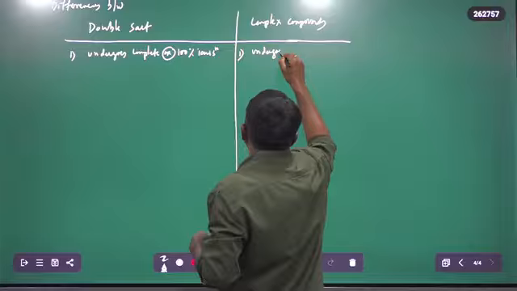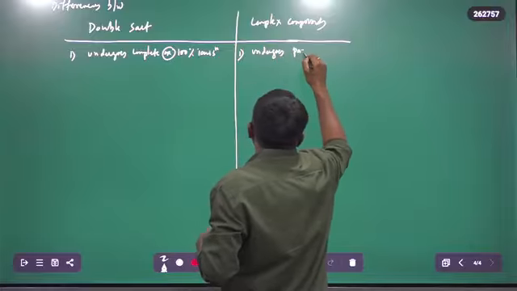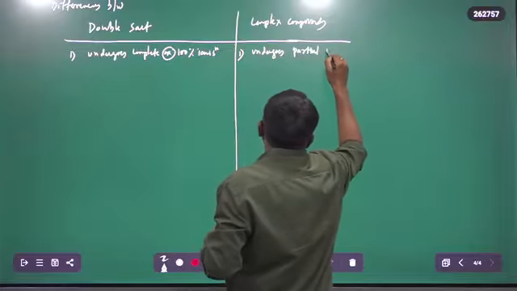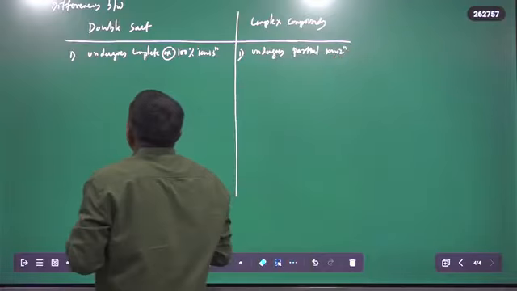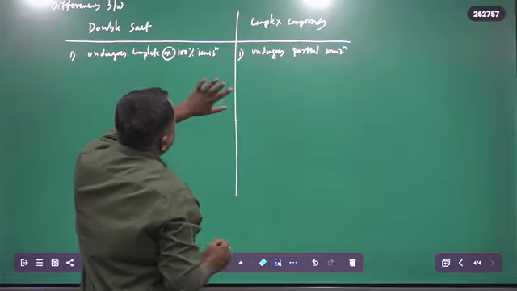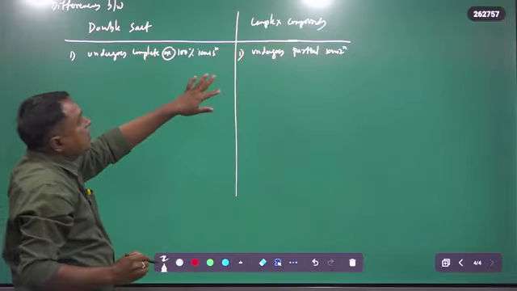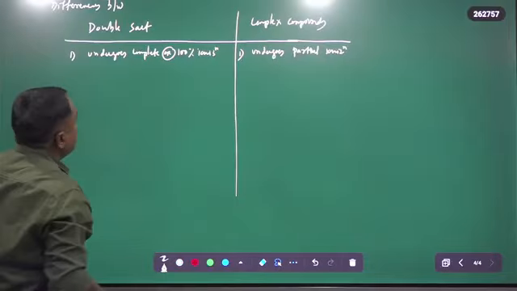in water. So double salts undergo complete or 100% ionization. The second is that complex compounds undergo partial ionization.